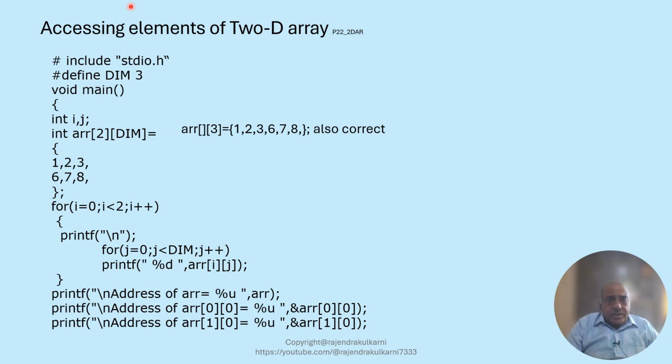Here we have declared both the dimensions, 2 and dim, for the array ARR, but we can skip mentioning the first dimension, or the first subscript, when we declare the array and also initialize it at the time of declaration.